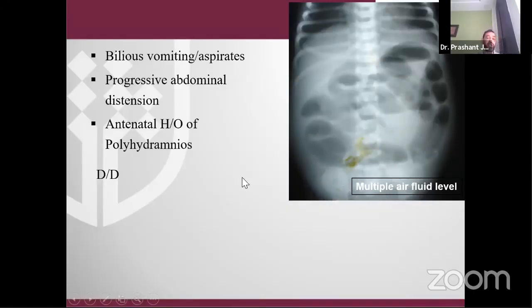With such a picture, the diagnosis can be more challenging because there will be multiple differential diagnoses. This can be because of ileal atresia, obstruction at the level of the ileum.